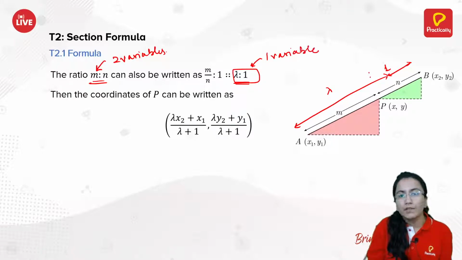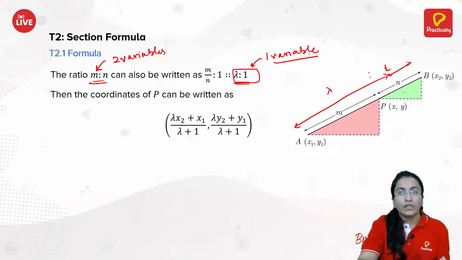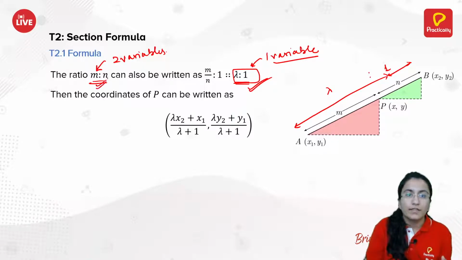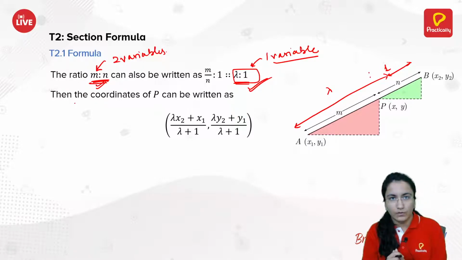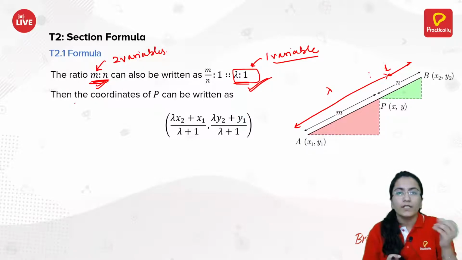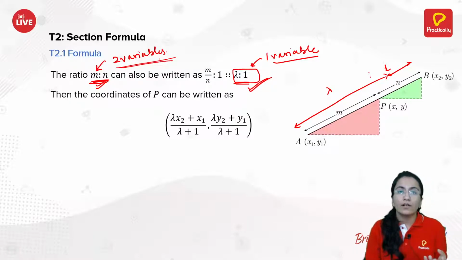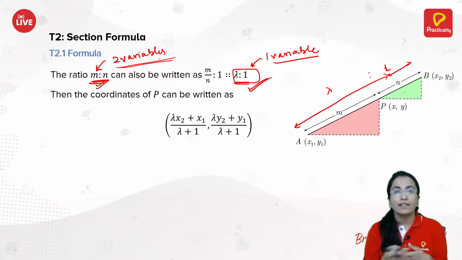So whenever you are supposed to calculate the ratio on your own, you will try to assume that this is our ratio rather than this, because even if you assume the ratio to be m:n, you will be able to calculate the ratio, but it would be a tedious task. Why? Because here you have two variables. You need to calculate the value of m as well as n.